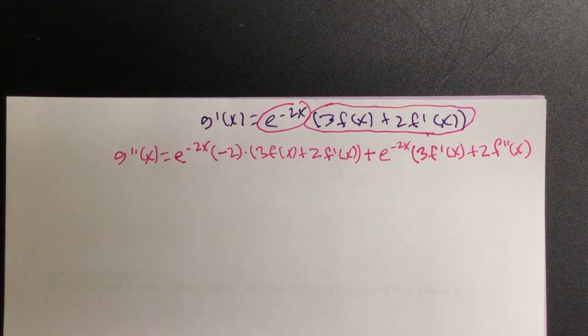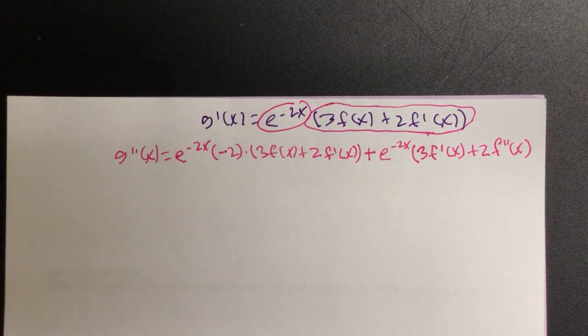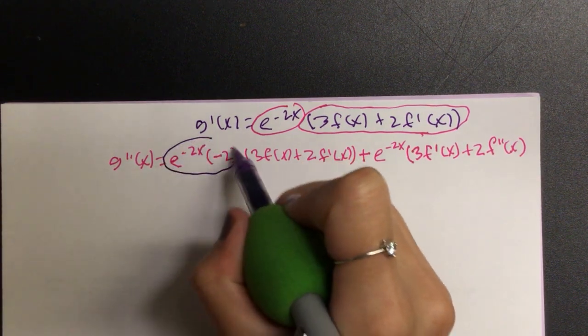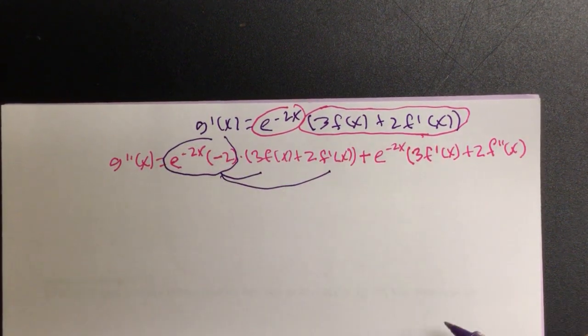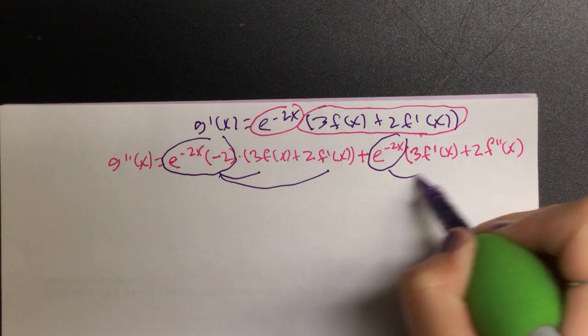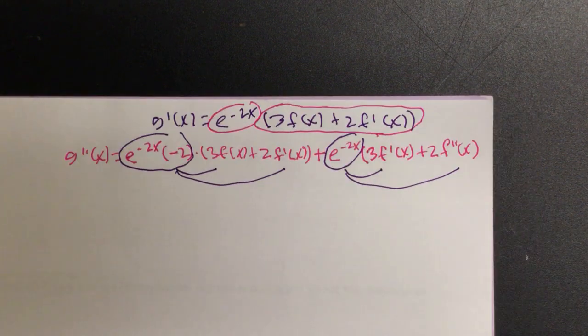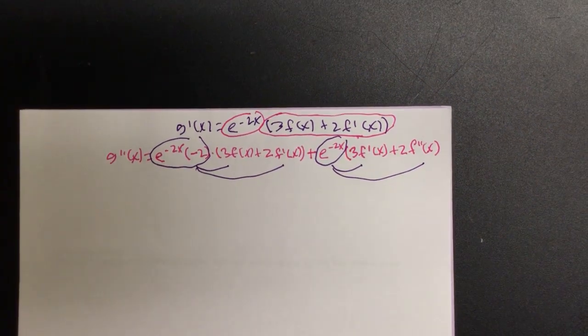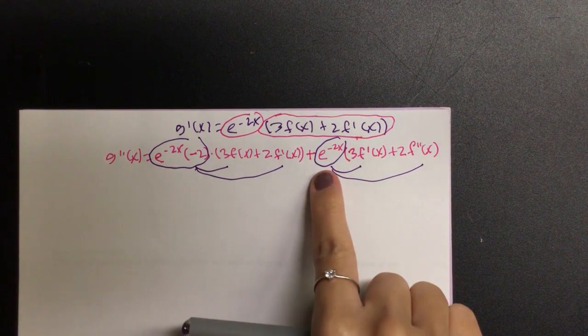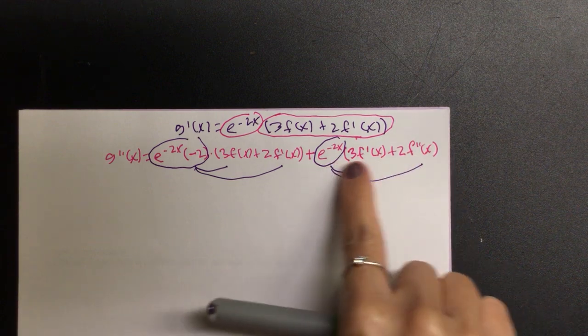And then let's see about simplifying further. All of this is being distributed, and all of this will be distributed. That's the annoying part. That second e to the negative 2x goes to all of this.